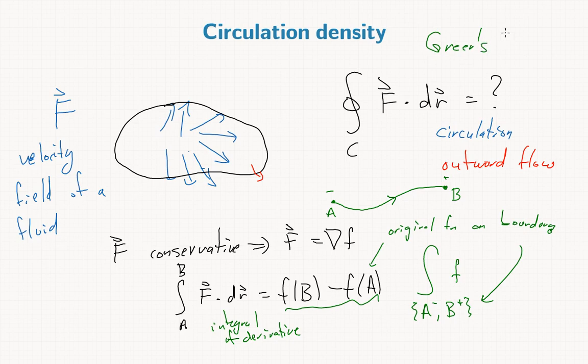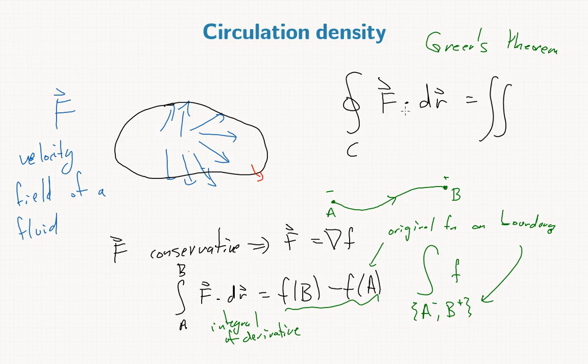So Green's theorem, which is the subject of this unit, will tell us that we can evaluate this integral when the big F is no longer the derivative of something.